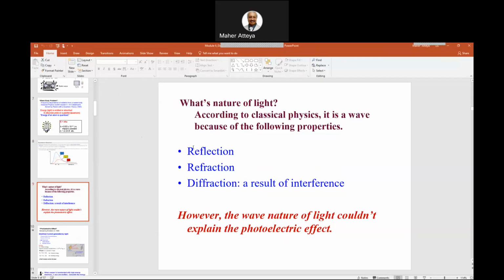The light can reflect, can refract, can diffract. All of those are interference. Reflect is like a mirror. What's refract? Somebody tell me what's refract? The reflection is a bounce. You have a mirror, you put a light there, the light cannot go through the mirror, it bounces back to you, right?